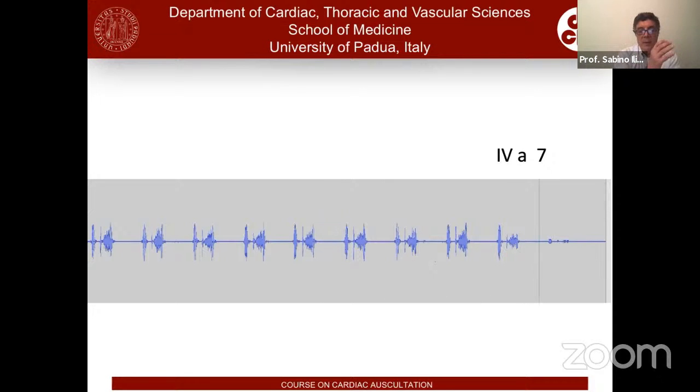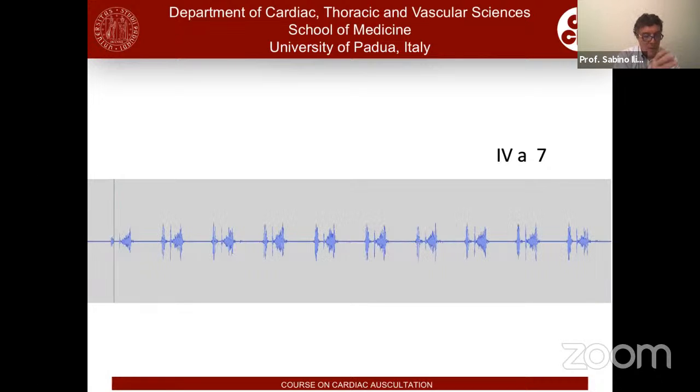So I know that what I'm going to explain to you is a little bit, I should not say difficult, but poorly known, because no one pays any longer attention to cardiac auscultation.